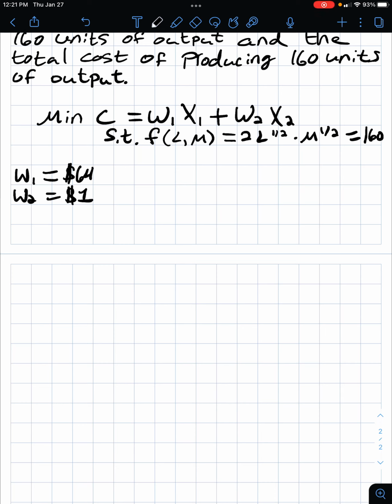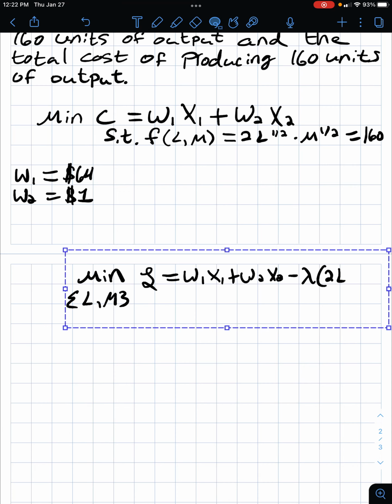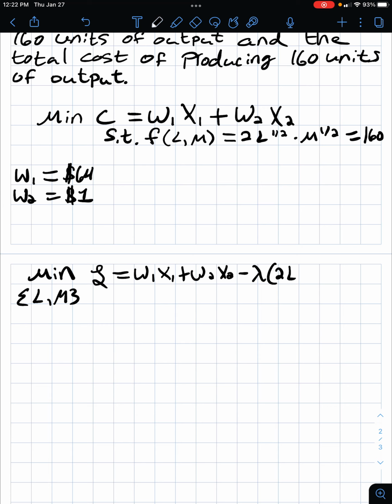We're going to be minimizing with respect to L and M, or labor and machines. So the Lagrangian is going to be equal to W1 X1 plus W2 X2 minus lambda times our production function, 2L to the 1/2 times M to the 1/2 minus 160.